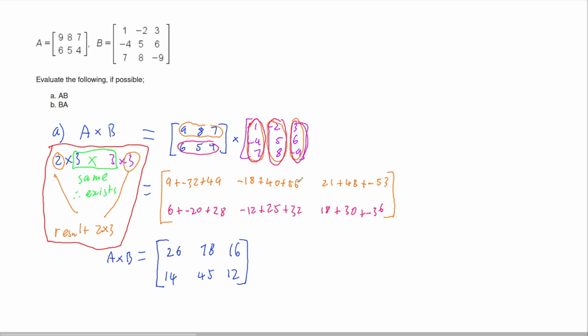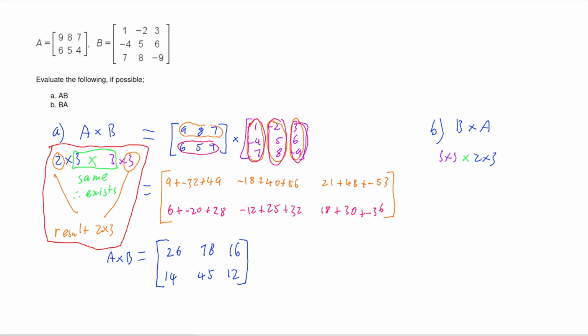Now let's have a look at part B. So I'm going to do B times A. So now if we write B's order, 3 by 3, and we're going to multiply that onto A's order, which is a 2 by 3.